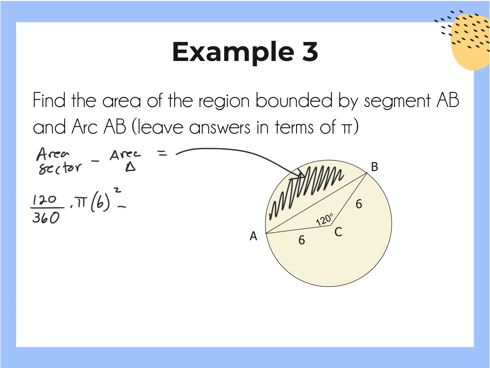Now keep in mind that if I break this triangle into 2, this is going to be a 30, 60, 90. And also remember the area of a triangle is 1/2 base times height. And we need to find that height in order to figure it out. Now I'm going to draw a 30, 60, 90 triangle right here.